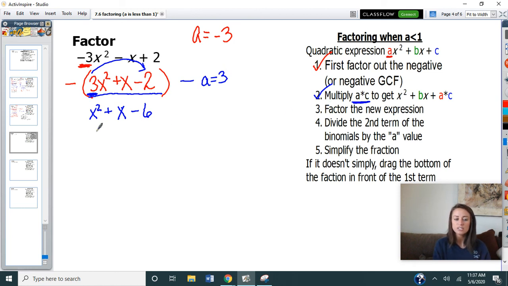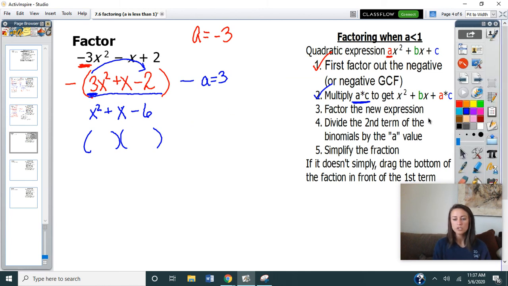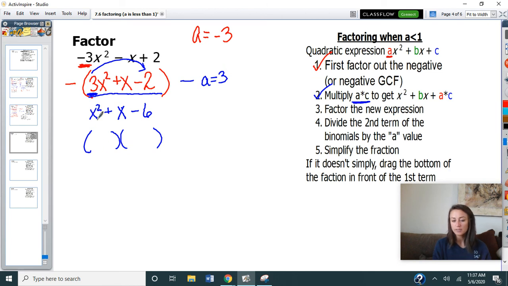Step 3 is factor the new expression. Now we're going to factor this, which turns into a multiplication problem. Remember, the first two terms that go here have to multiply to give me x squared. What multiplies to give me x squared? X times x. And the second terms have to multiply to give me -6, but add to give me, now there's no number there, so what's that automatic number?